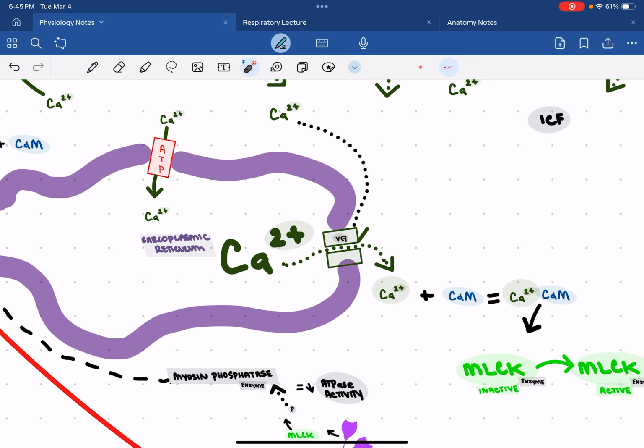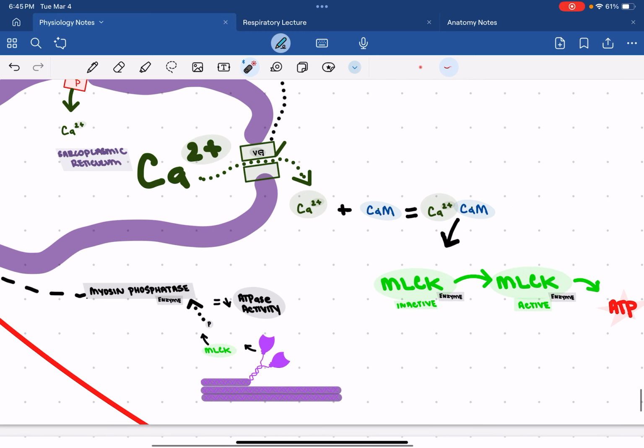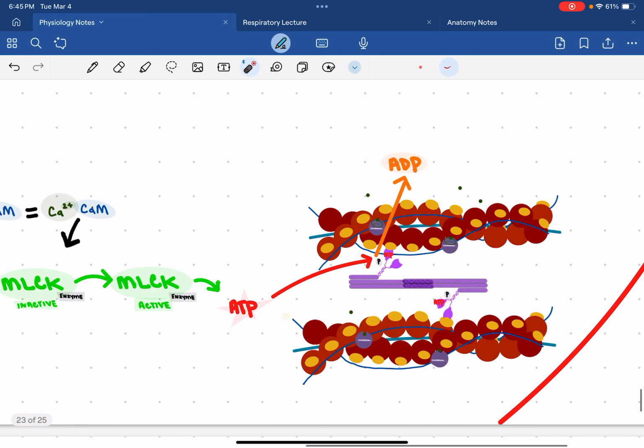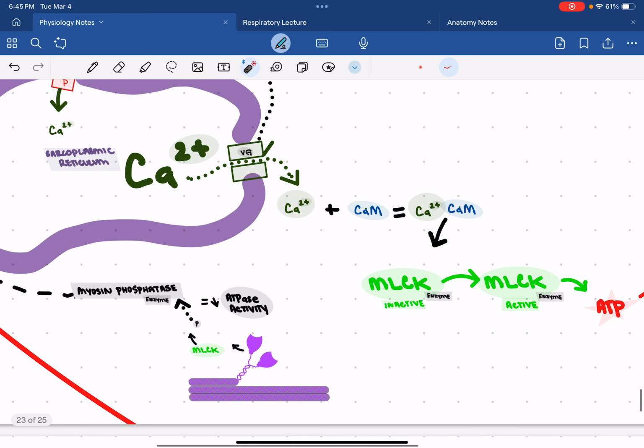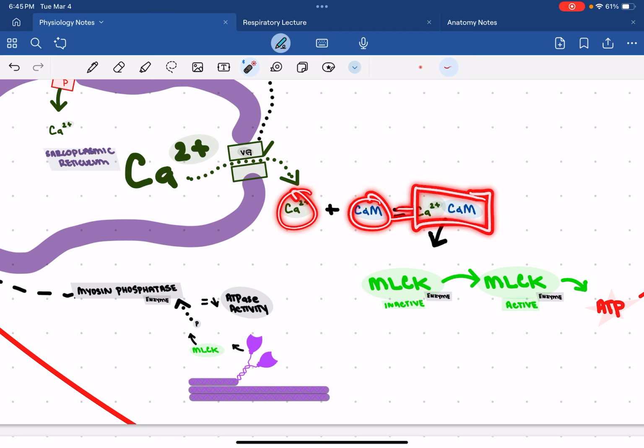So calcium comes flooding out, and the first thing that calcium wants to do is bond with its bestie. It's not thinking about binding to the actin filament. It wants to bind to calmodulin, another protein. So calcium and calmodulin come together and create this molecule, calcium calmodulin. Easy peasy, right?